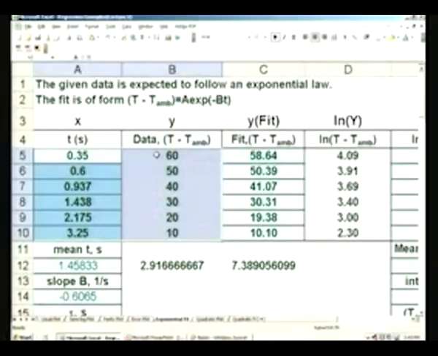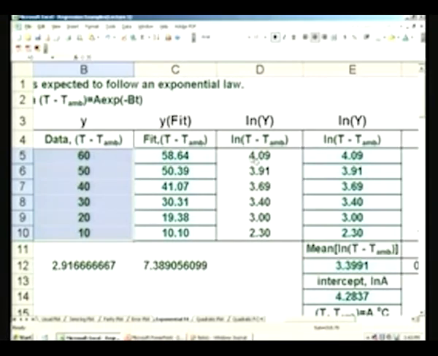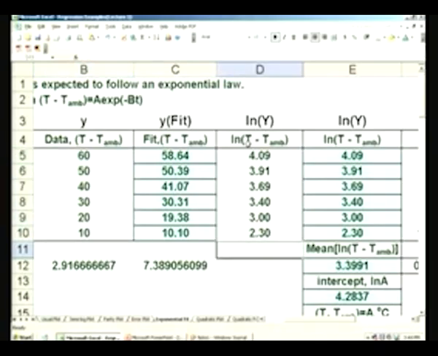So I will go and make a semi-log plot. For that, I can calculate the logarithm as shown here. This will be the logarithm of y, or the logarithm of t minus t ambient. I have taken the logarithm with respect to base e, therefore ln, and it is done by simply taking ln.